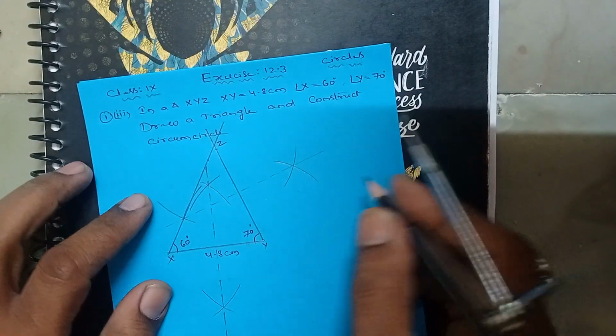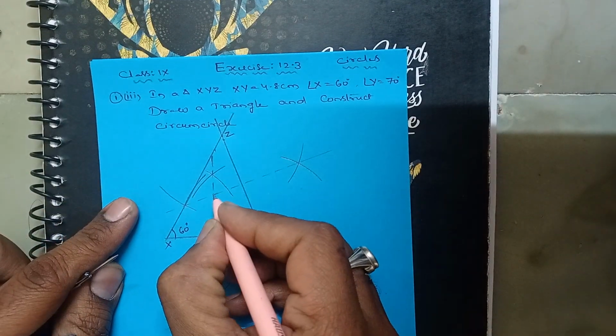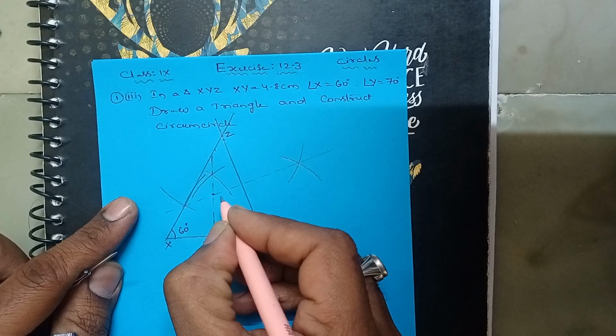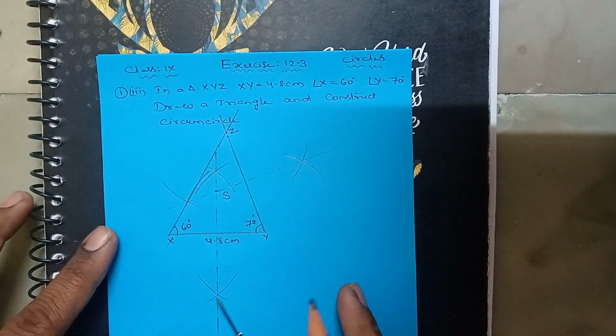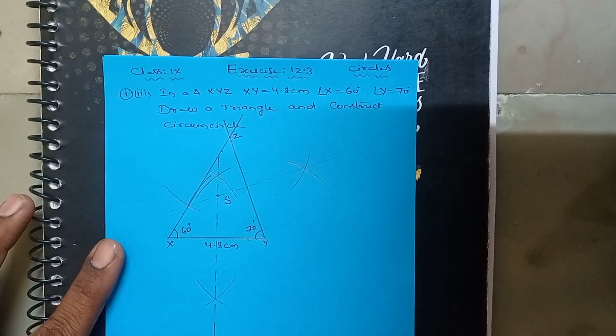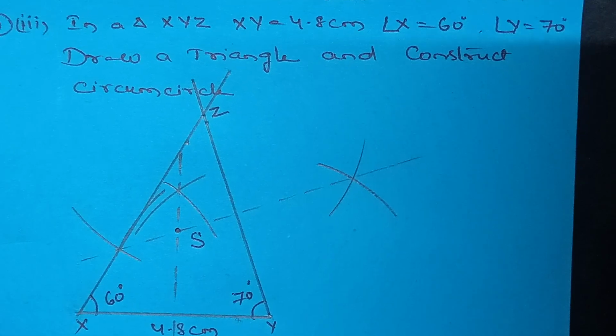Now these two lines are meeting at a common point, that is called S, students, the circumcenter.